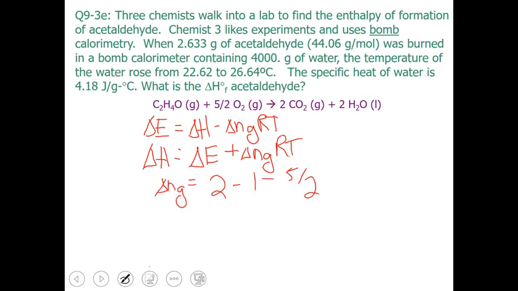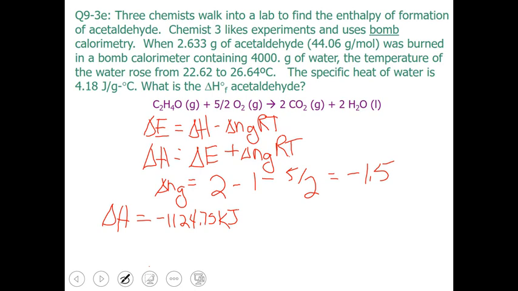So you notice that I have 2 moles of gas formed, and incoming I subtract 1 mole of gas for the acetaldehyde and 5/2 moles of gas for the oxygen, and my value of delta NG is equal to minus 1.5 moles of gas.